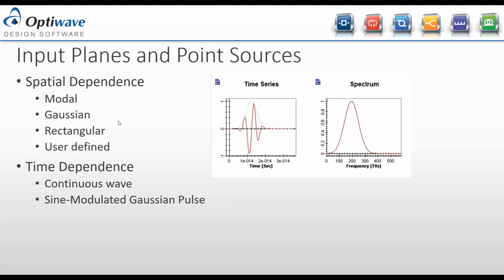And these pulses can also have time dependence. The most common here is what's called the sine-modulated Gaussian pulse, right? So it has an envelope, this dashed line up here. So it's time and amplitude of the field. It starts off at 0. It's very important that everything starts off at 0. And then it ramps up and follows the envelope of the Gaussian pulse and then ramps back down.